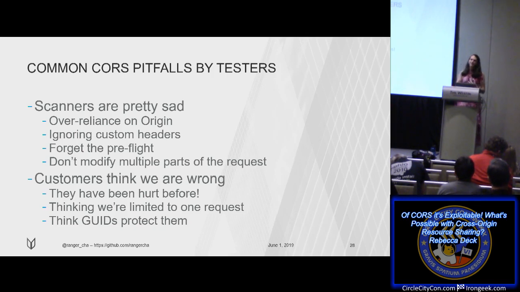They'll try to say, all right, if I modify the origin header in this way, what does that do to the application? They don't look at pre-flight requests. So I've had developers kick back my findings and they say, well, yeah, I see it on the POST, but there would have been a pre-flight request and your POST request never would have happened. And it's kind of irritating to me, right?